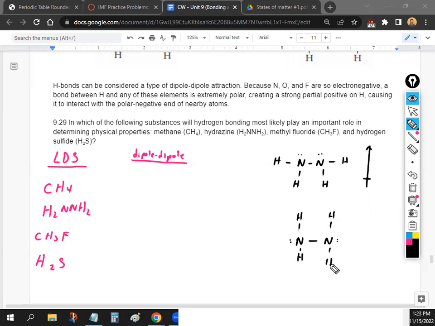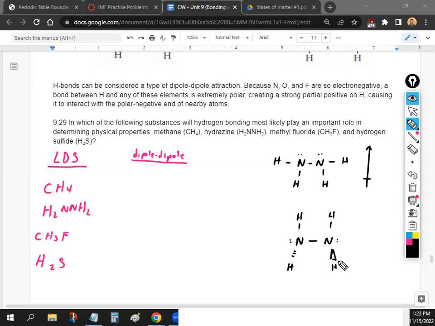But it actually would end up rotating to be polar because remember, it's not two-dimensional, it's three-dimensional. If we wanted to really get into the nitty-gritty, one of them would end up going in, and one of them would end up coming out, and they would rotate until one side has the polarity. So this one is polar.